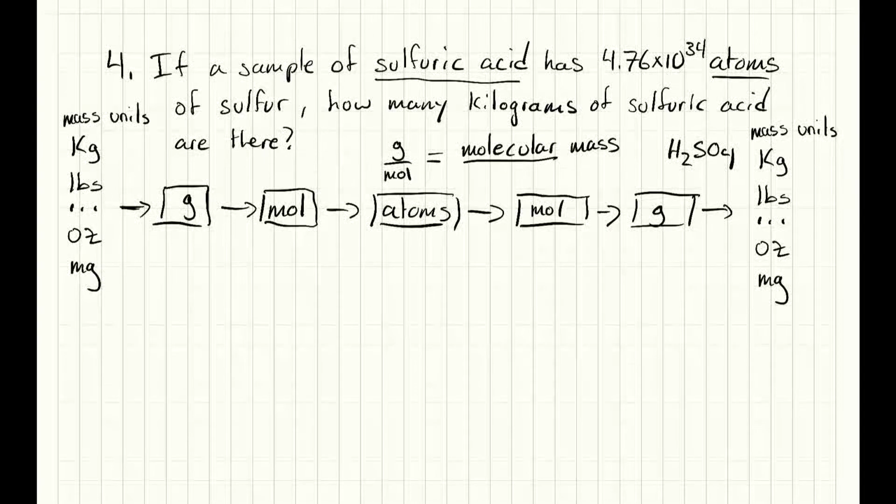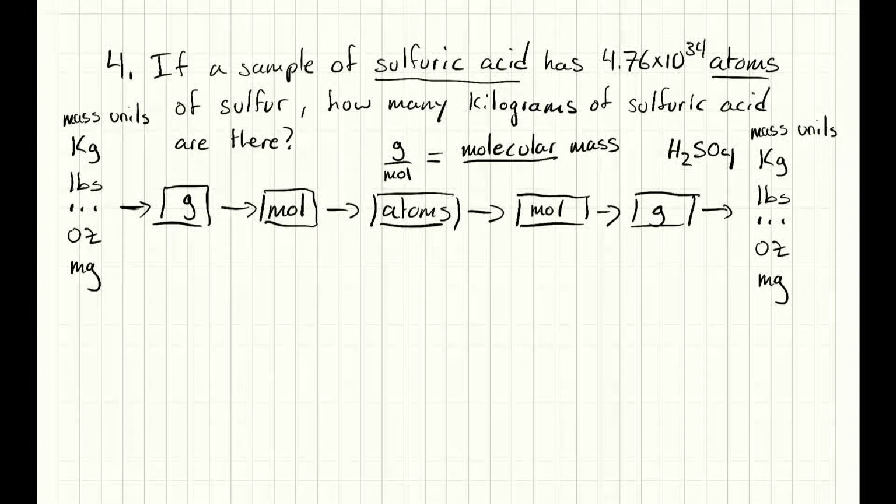So if you're on one side or the other, and there's a reason that I wrote this this way, in this mirrored fashion. If we have any sort of mass unit, we can go all the way down to moles to atoms, and then from atoms, we can go up from moles to grams to other mass units. So it works in both directions.